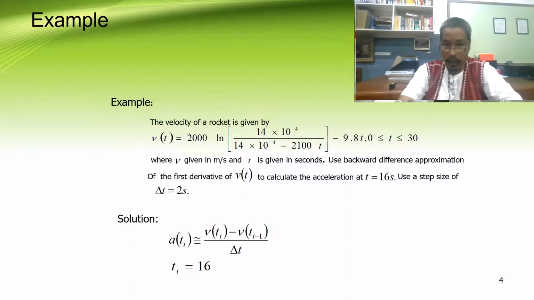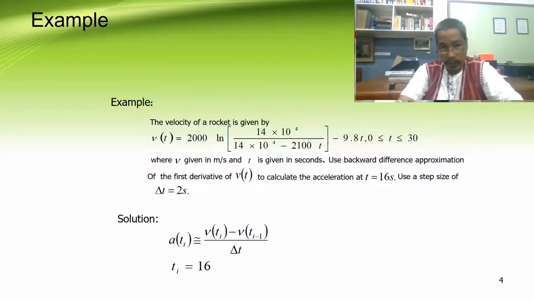The velocity of a rocket is given by velocity function of t is equal to 2000 natural log of quantity 14 times 10 to the 4th power divided by 14 times 10 to the 4th power minus 2100 t, minus 9.8 t, wherein t has a valid region from 0 to 30, including both 0 and 30.